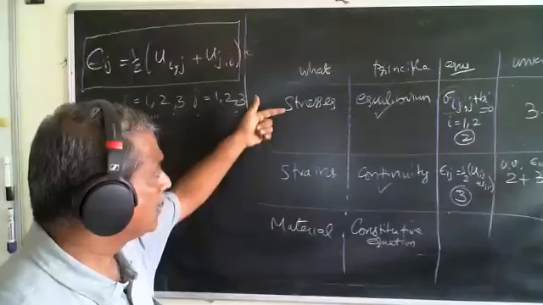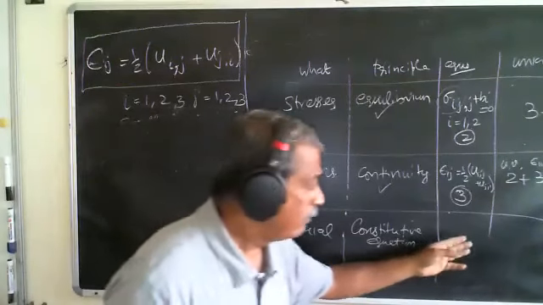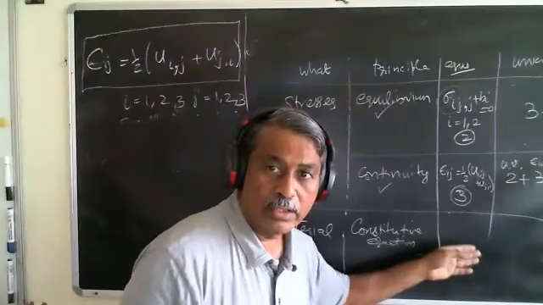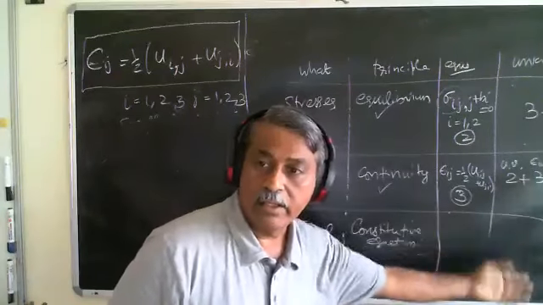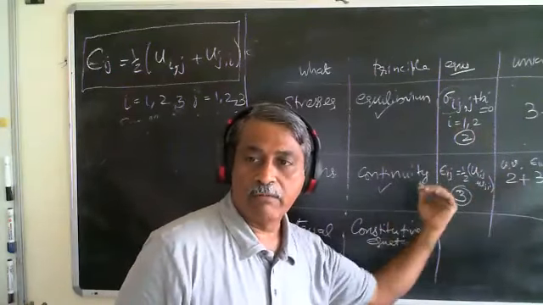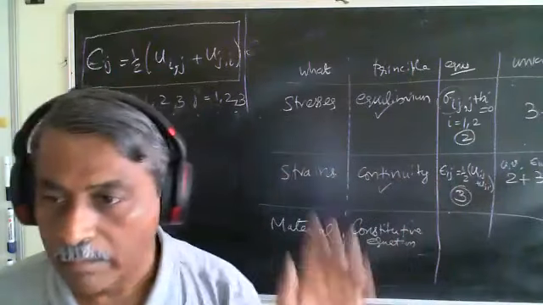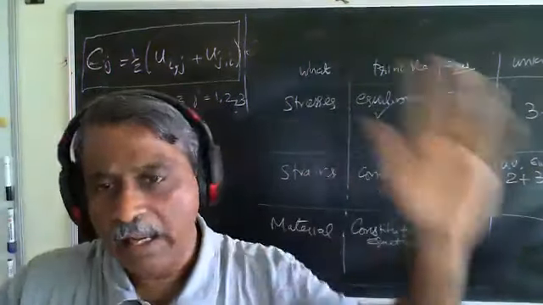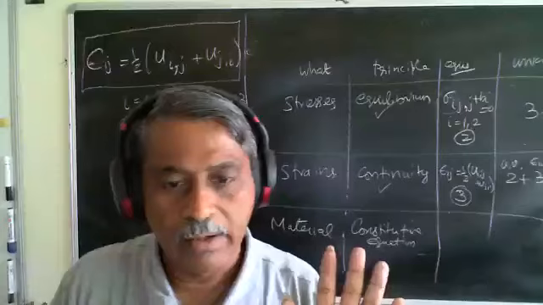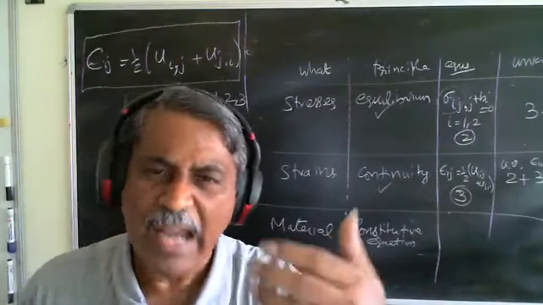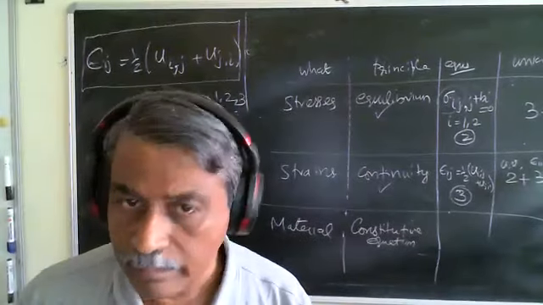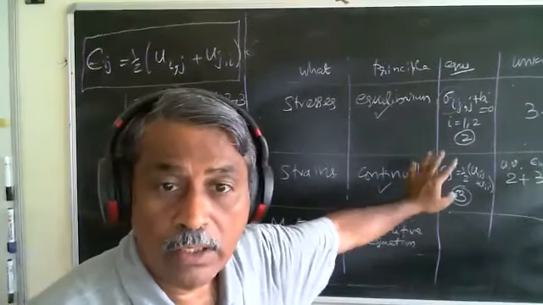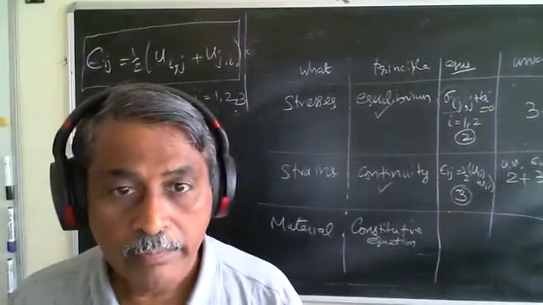So it relates basically stress and strains, and we will look at how many equations we can generate, what kind of equations they are, and see whether there is a tally between the number of equations and the number of unknowns. Once that is done, I have all the equations that are necessary for me to solve for any body subjected to any force, as long as I can solve the differential equations that are on the board.